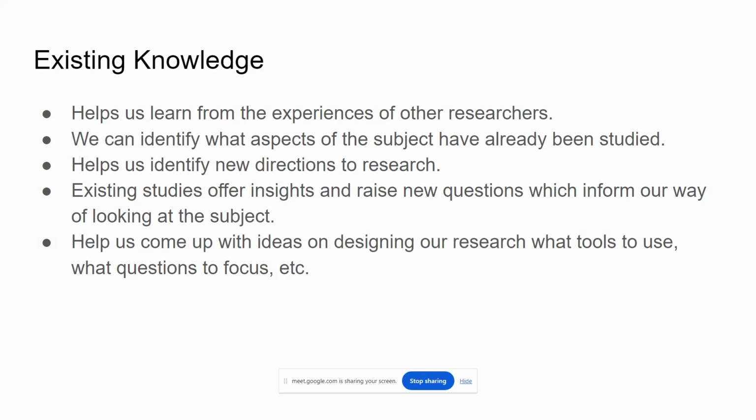Then what comes into the picture is the existing knowledge. As we had talked about, there are various aspects where existing knowledge helps us when we are doing any form of research, not just ethnographic.